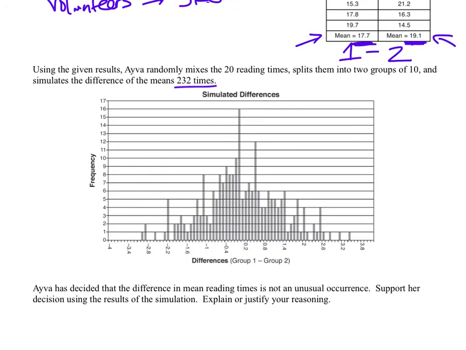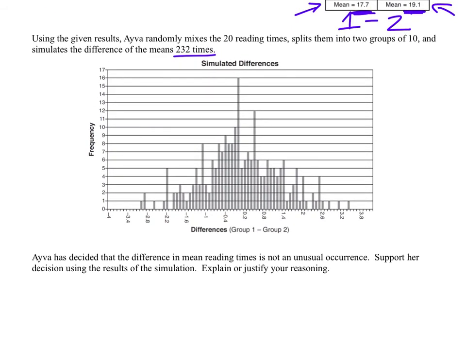So the difference in the means is literally just subtracting those two. So it's 17.7 minus 19.1, and I get negative 1.4. So negative 1.4 falls about right here.